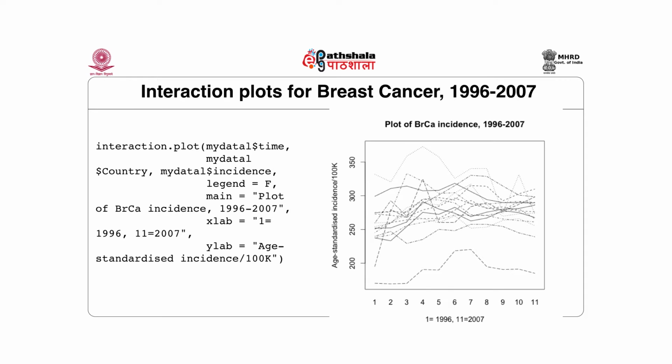2007. The function to use is interaction.plot, and the first argument that we should pass into that function is the time. Because it's a plot and because we are not using the Wilkinson formula or Wilkinson-Rogers formula, we have to indicate what is going to go into our x-axis.